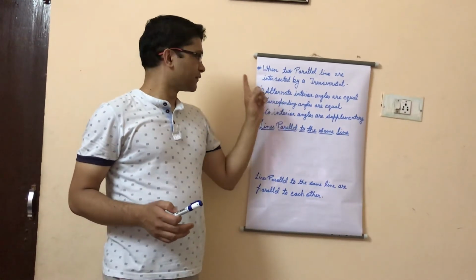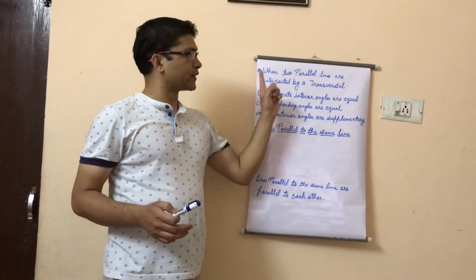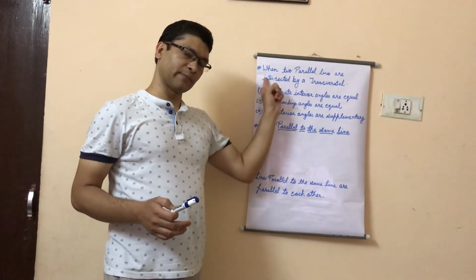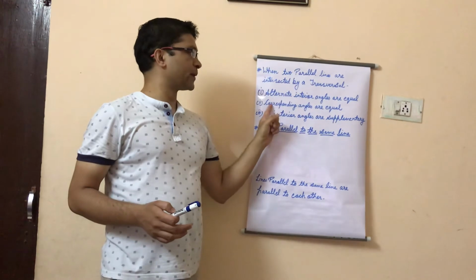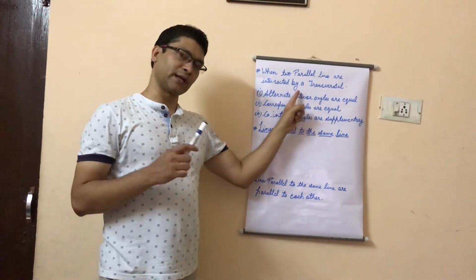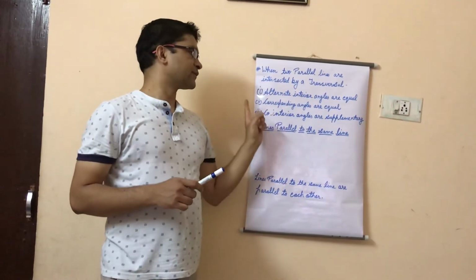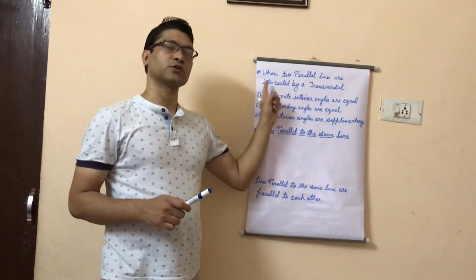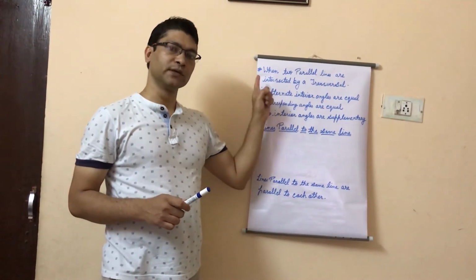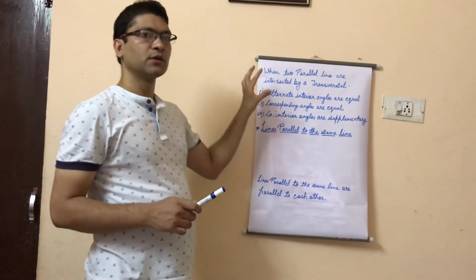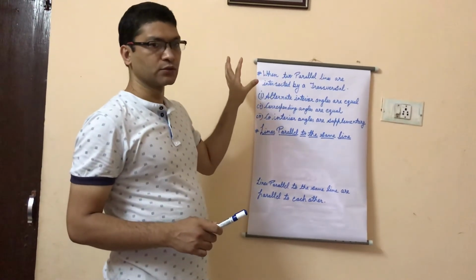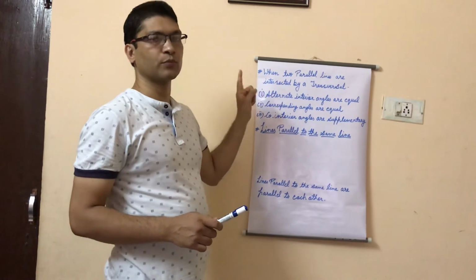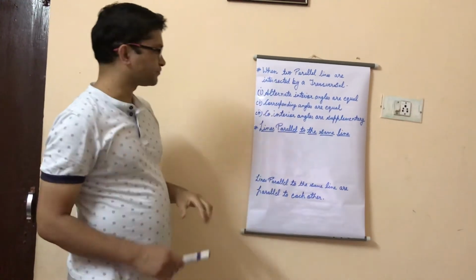If I prove a pair of alternate interior angles equal, then the lines will become parallel. Or if I prove a pair of corresponding angles equal, then the lines will become parallel. Or if a pair of co-interior angles are proved supplementary, then also those two lines can be proved parallel. So the converse of these rules is also true and it is used to prove any two lines parallel.